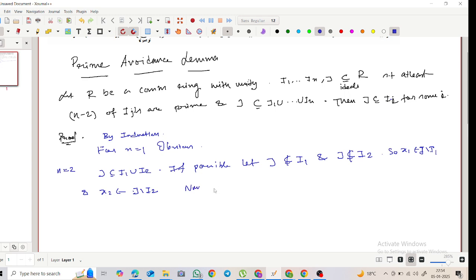Now x1 plus x2 belongs to J, right? But x1 plus x2 is not in I1. Why? Because x1 is not in I1.